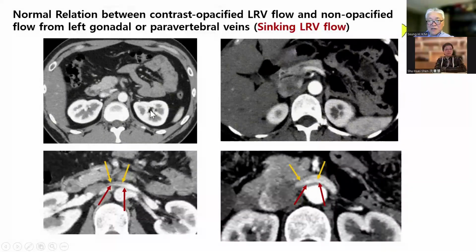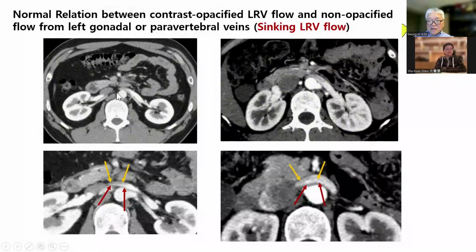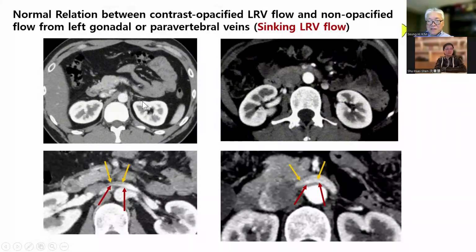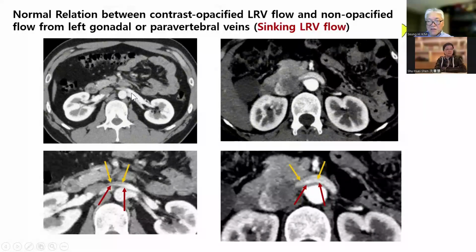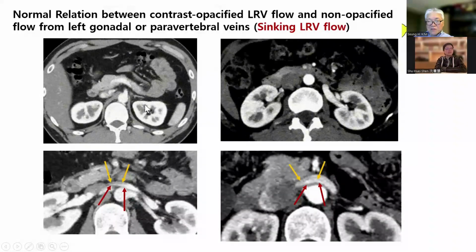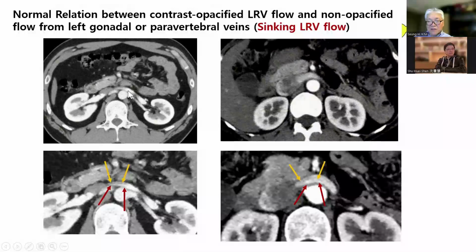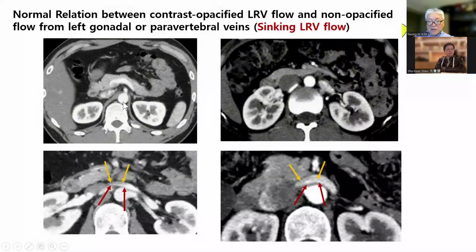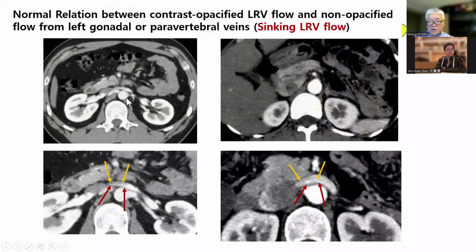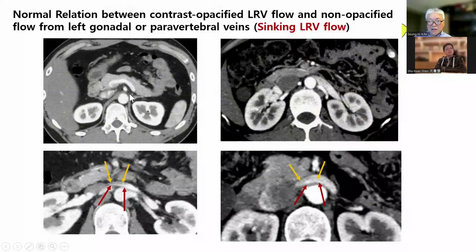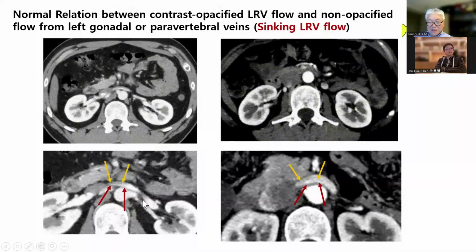In the first case, the left-sided case, you can see the left renal vein flow here, right? And contrast opacified blood here. And if you look at this area carefully, you can see this finding.